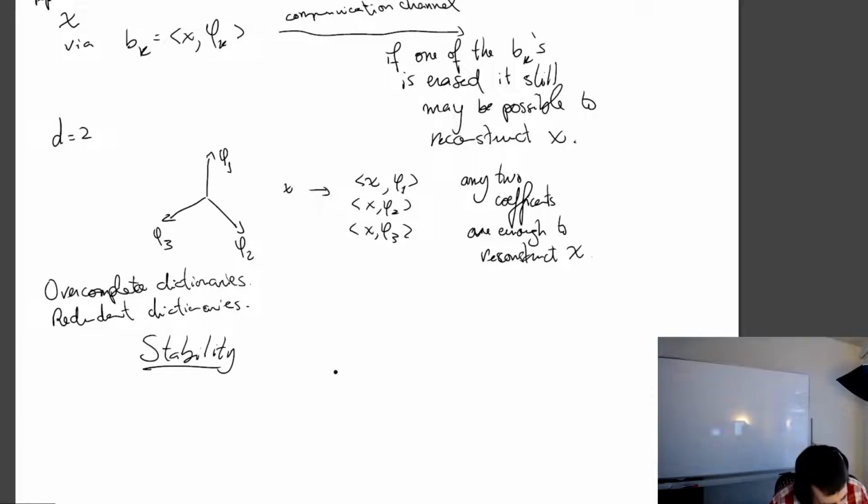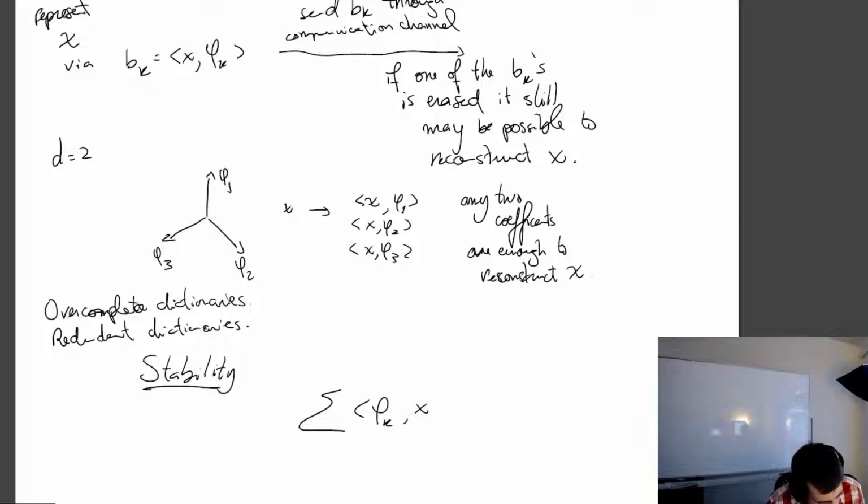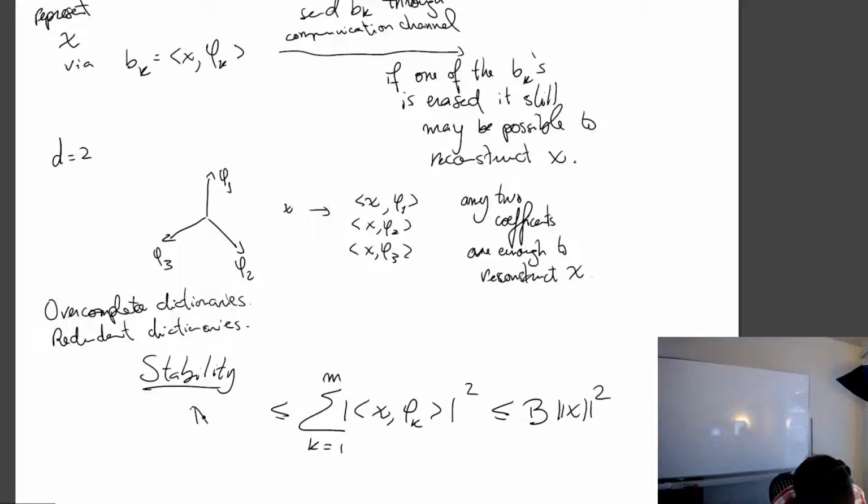So I will want that the inner product of x with phi k, or phi k with x, it doesn't really matter, not quite the same because they're complex numbers. This will not be exactly equal to x, maybe sometimes, but not necessarily. But I will want that, up to constants, it is close to x.